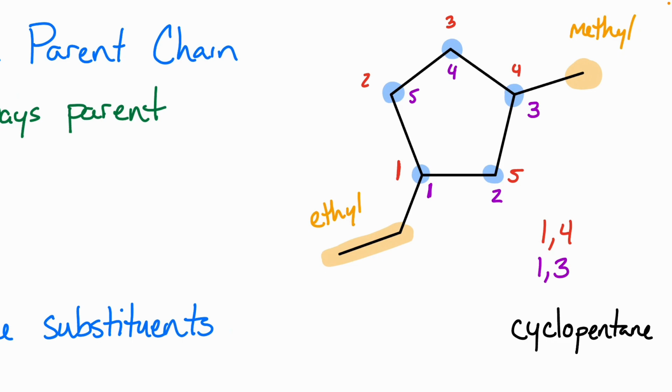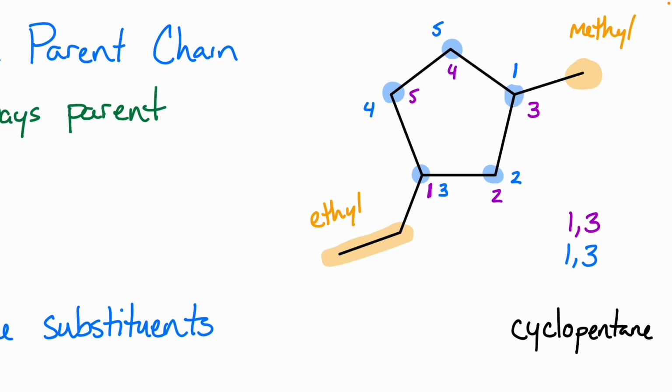So we're not done yet though. I'm going to get rid of the red because we decided. I got to repeat the process, but now I'm going to start with my methyl as carbon 1. Again, I can go clockwise, 1, 2, 3, 4, 5. I got a 1 and a 3.